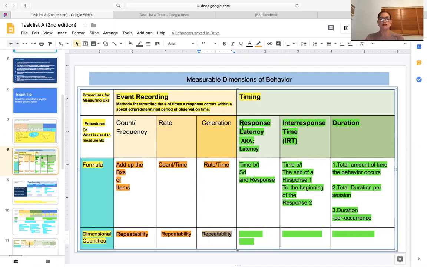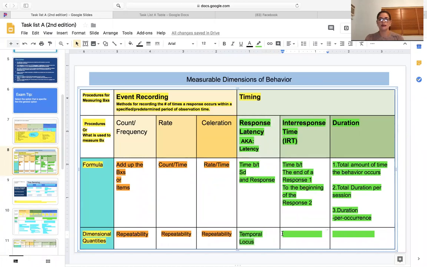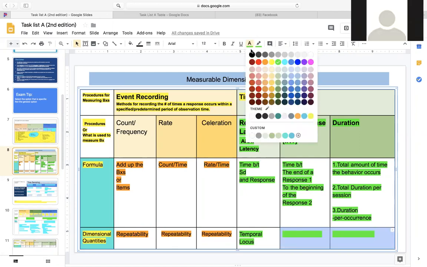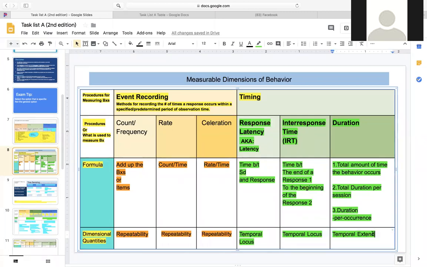Okay, so in timing, let's do specifically response latency. Which one is response latency? Temporal locus. Yes, temporal locus. And in IRT, or inter-response time? Temporal locus. Good job, guys. It's a trick.